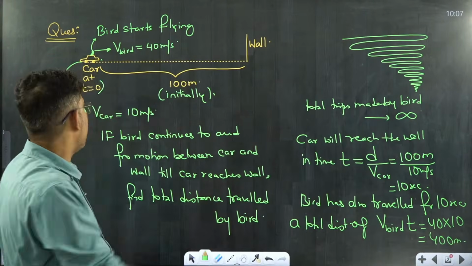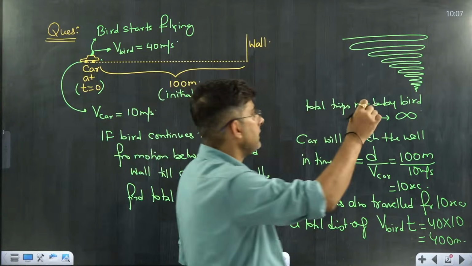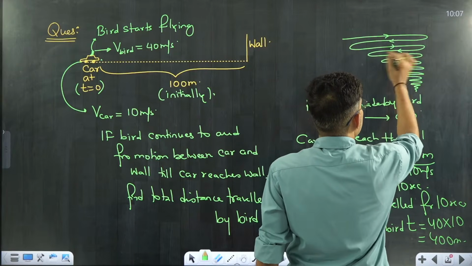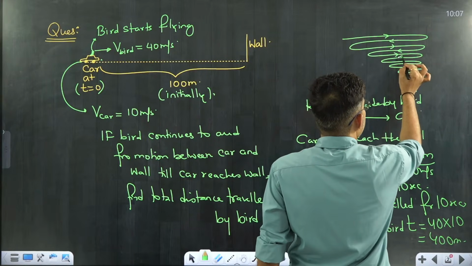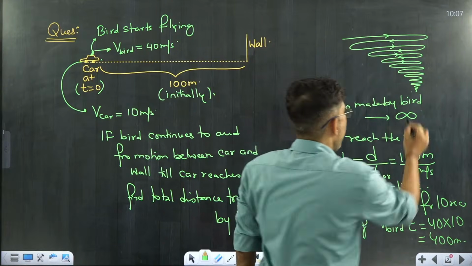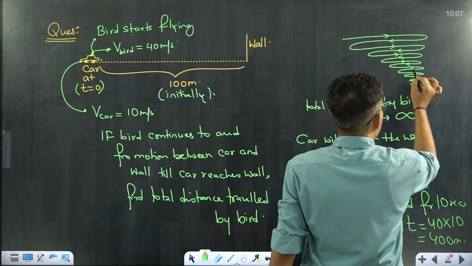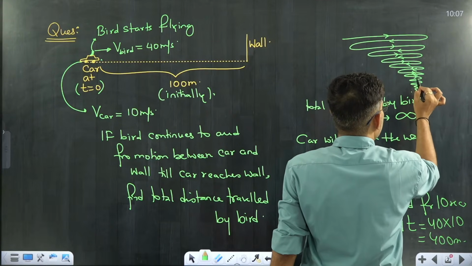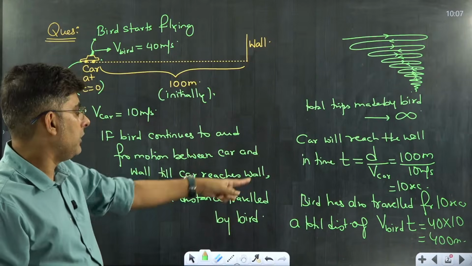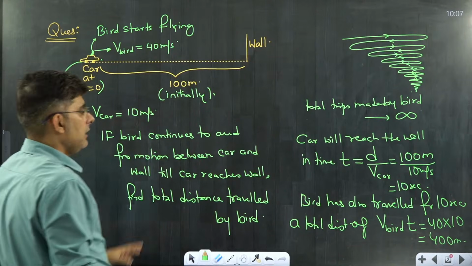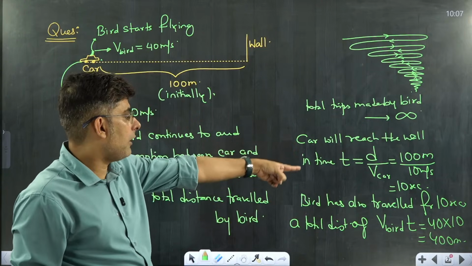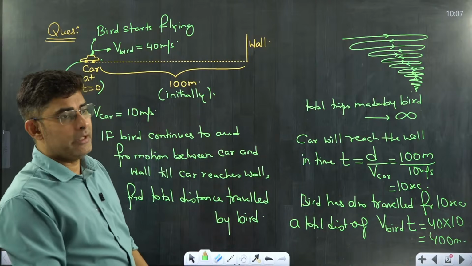Now you can think, 400 meters, but what is happening to the 400 meters? It is keeping on going like this. It will be infinite trips. So if I add all of these, all will sum up to 400. So the distance traveled by the bird will be 400 meter, and the bird and the car have traveled totally for 10 seconds. I hope it is clear to all of you.